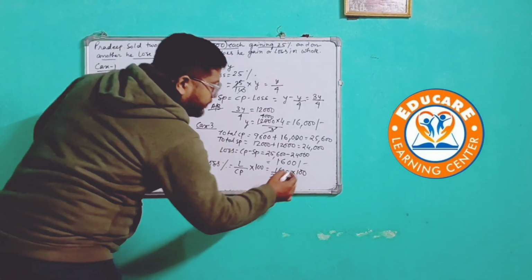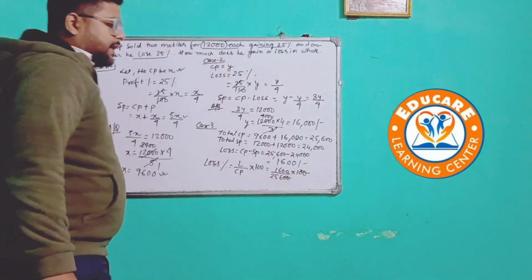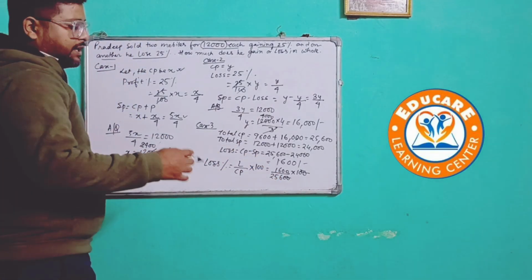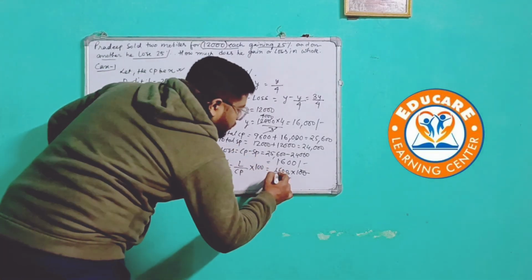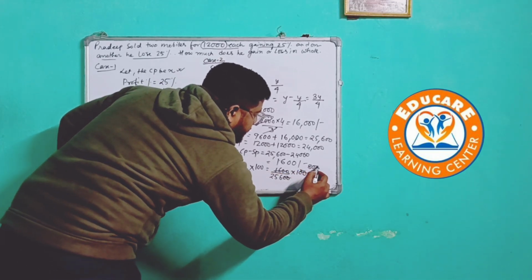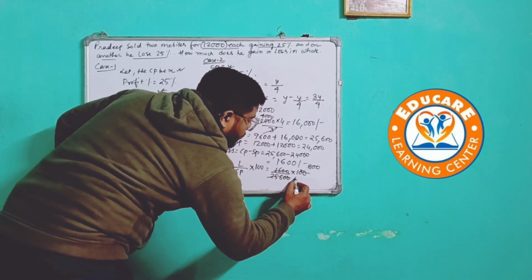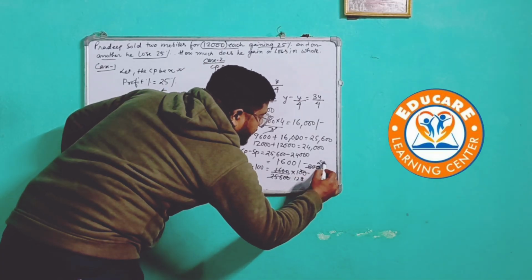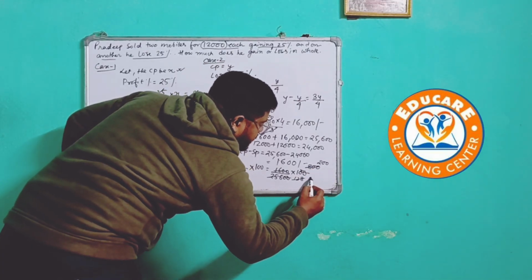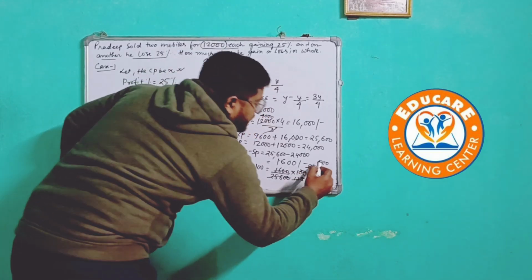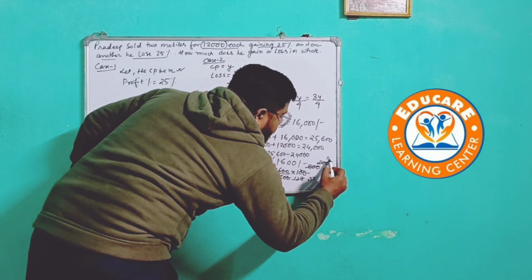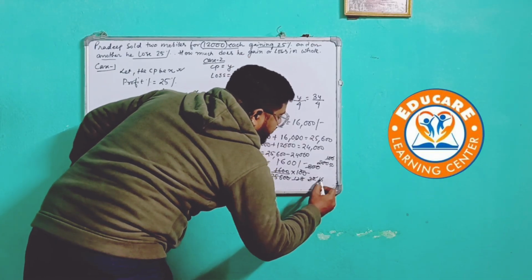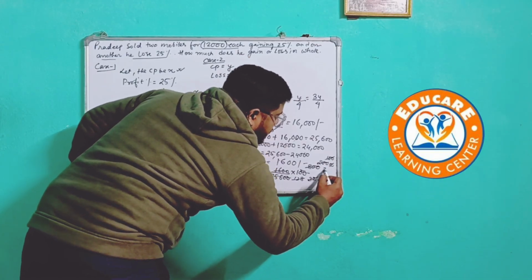Now if we cancel the zeros, we get 1600 by 256. If we keep on cancelling, we get 800 and 128, 200 and 32, 100 and 16, 50 and 8.